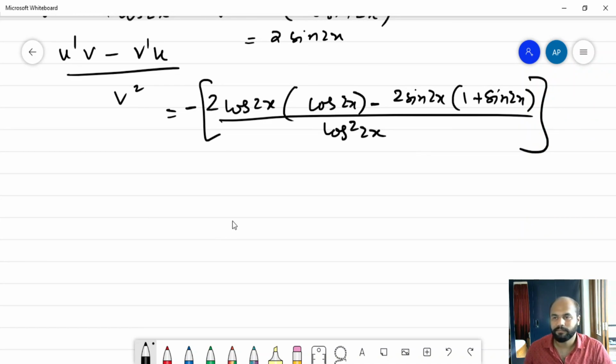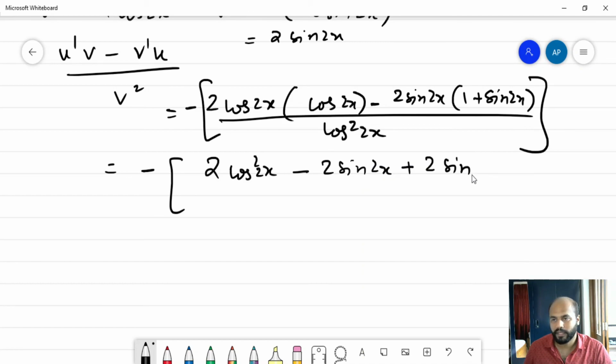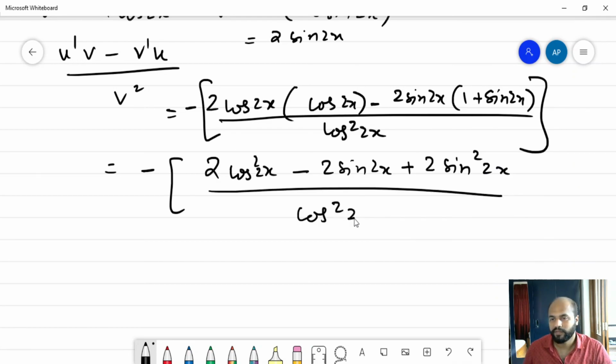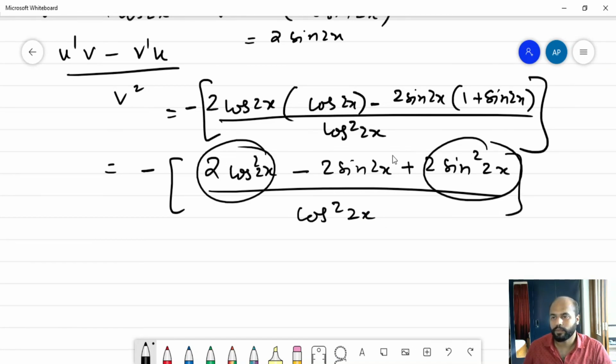Let's see whether we can simplify this further. So it's going to be 2 cos square 2x minus 2 sin 2x plus 2 sin square 2x. So overall, as you can see, we have something familiar going on over here. 2 cos square 2x and 2 sin square 2x can be combined.